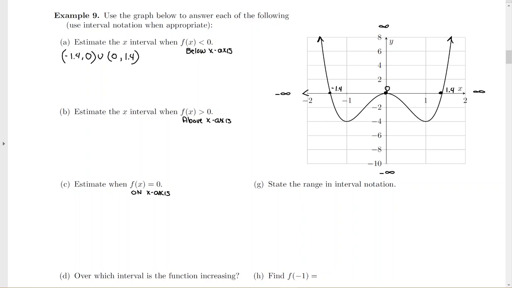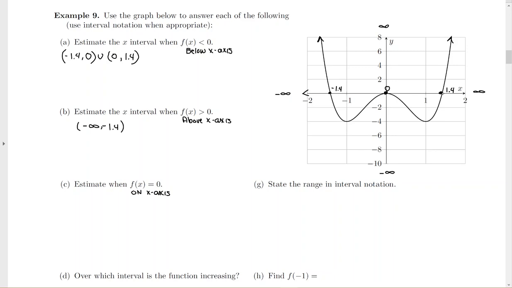All right. So now where am I above? Well, again, from left to right, starting out here at -infinity, because this is going to keep on going out. So from -infinity all the way over to -1.4, we're going to be above. Again, left to right, not looking bottom to top, but left to right. -infinity to -1.4.